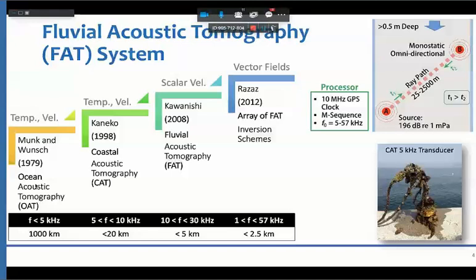Why? Because when you're using, say, 5 kilohertz sound, you can have very strong sound. But when you go to shallower waters, because the depth is quite limited, you have to go to higher frequencies, and at the same time, because it's shallow, there's going to be a lot of interactions between the surface of the water and the bottom boundary.